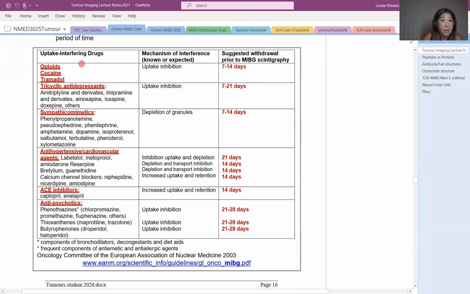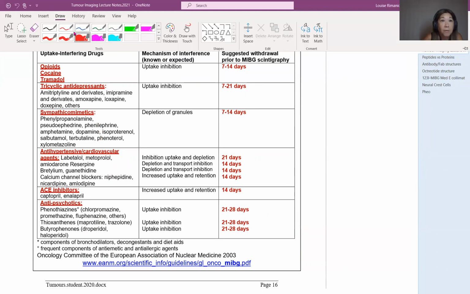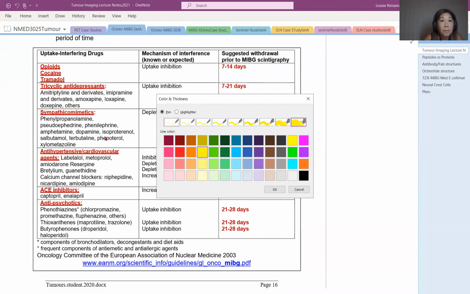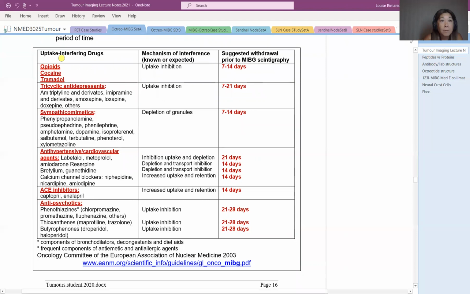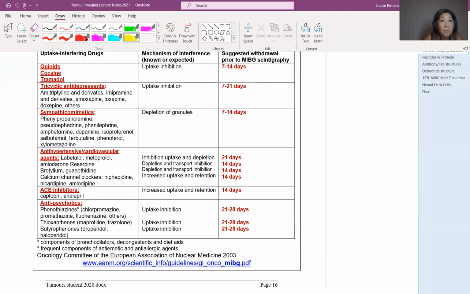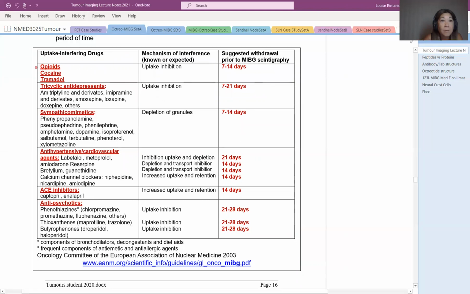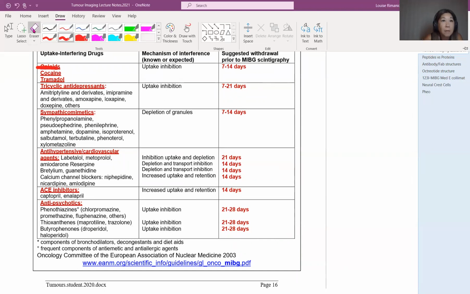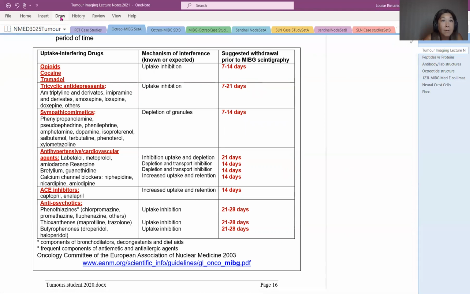So that's going to include, I'm just going to get my highlighter here for you. Let's try this instead.